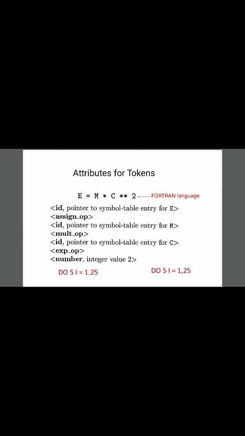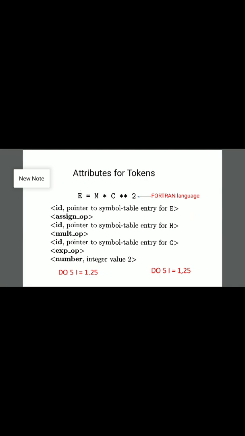The first one is ID. E is an identifier, it's fine. But if you write it as just an ID, then which ID should it be? If you say it is just an ID, it's going to be meaningless. That's why you have to use attributes.